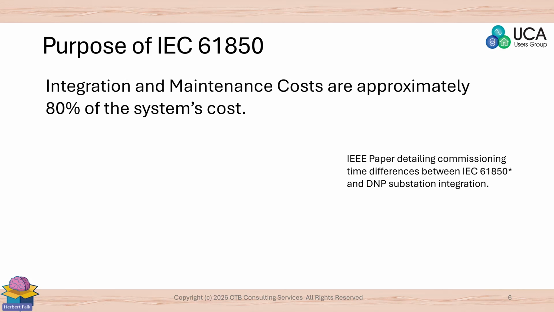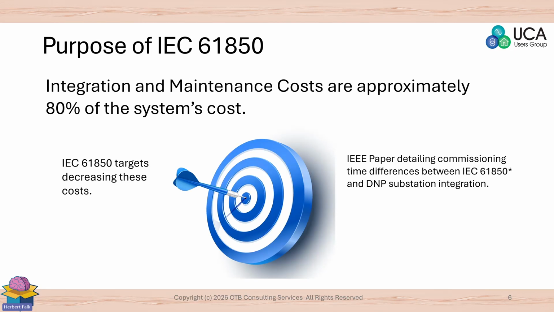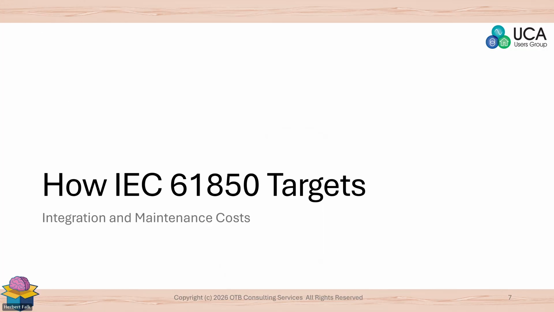There's an IEEE paper that discusses the differences between a 61850 and DNP substation integration: one can happen in a couple of hours, the other took 3 days. So there are substantial savings. And as I said, 61850 targets decreasing the life cycle, installation and maintenance costs.